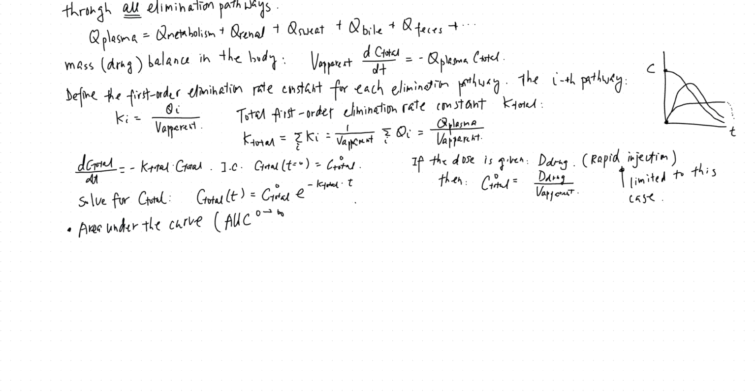So what does area under the curve mean? For example, for this line I'm drawing, let's look at this one. For the rapid injection, this is the area under the curve.